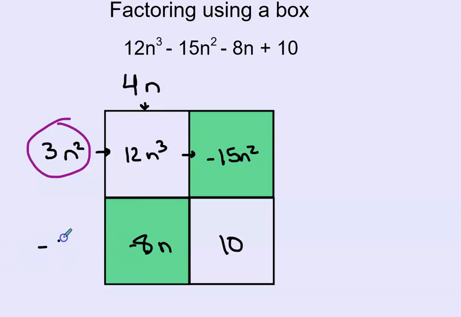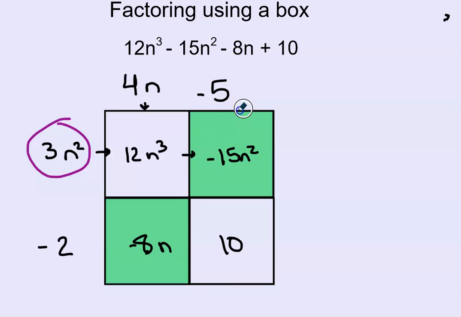That would be negative 2. Then we can look up here. We need a number up here that you can check two different spaces. Negative 2 times what gives you 10, or what times 3n squared gives you negative 15n squared? That would be negative 5, just negative 5.